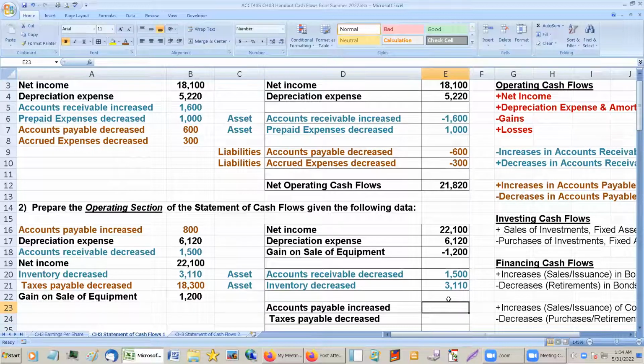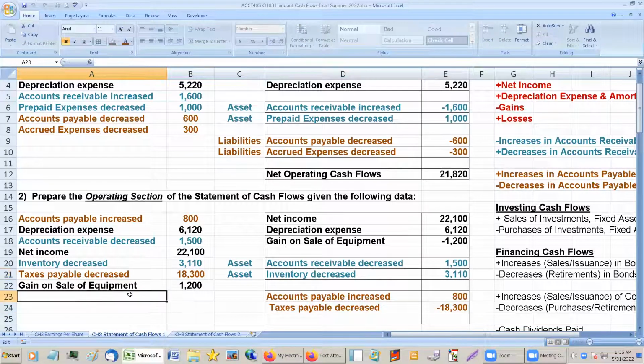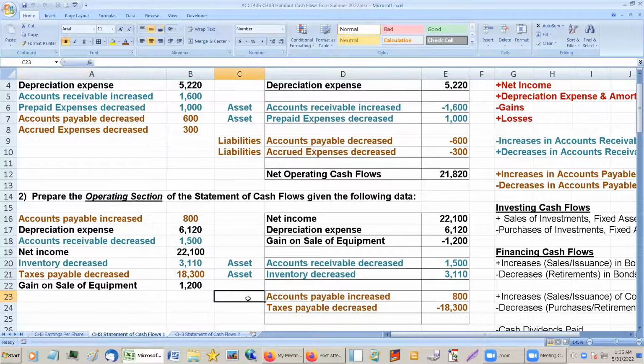So accounts payable increased. Taxes payable decreased. These are liabilities.